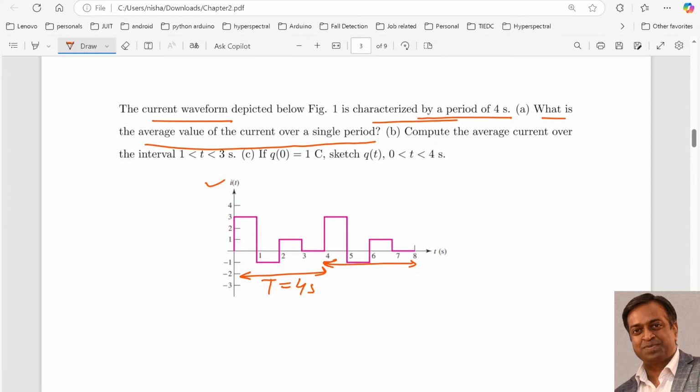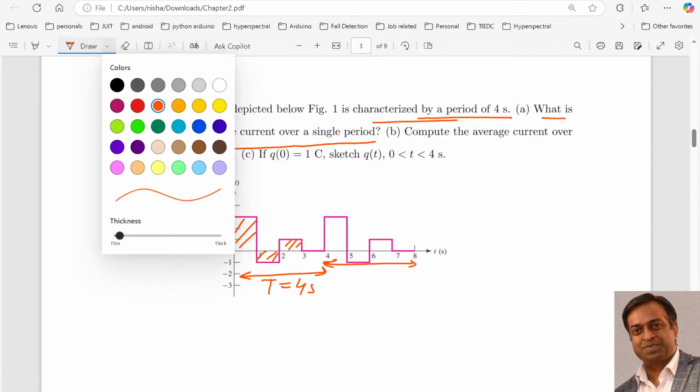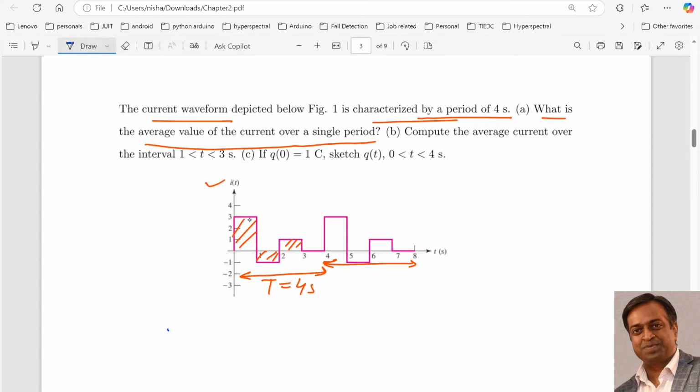And when we are calculating the average value, especially from the graph, then simply we need to determine the area under the curve. If you look at this area, the height is 3, and this length is 1. So this is 3 into 1. Now coming to the second part, this one.